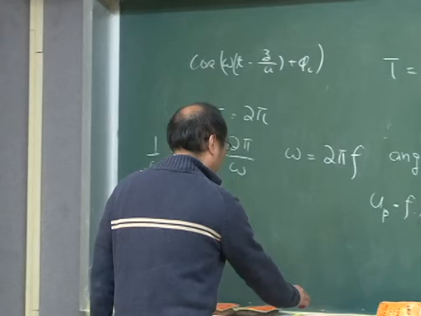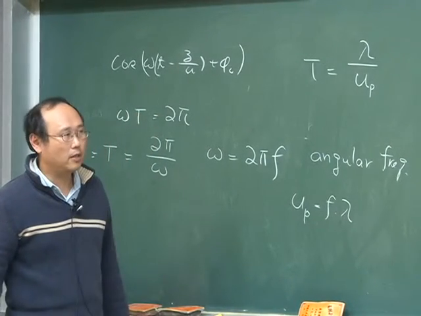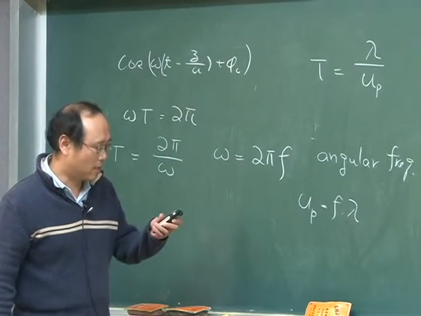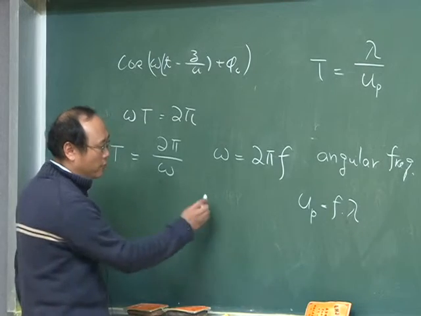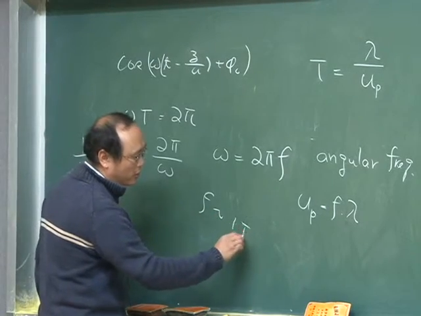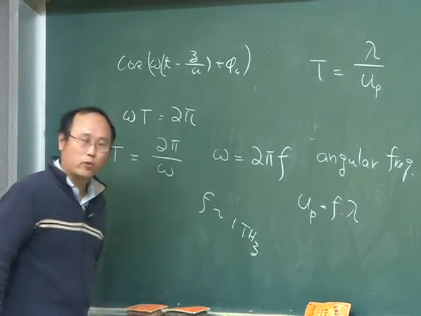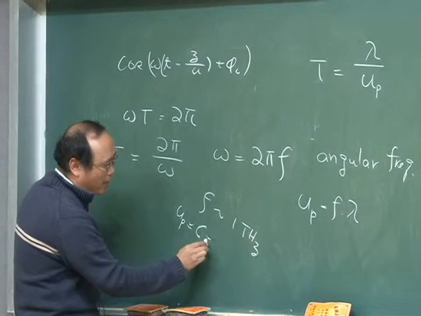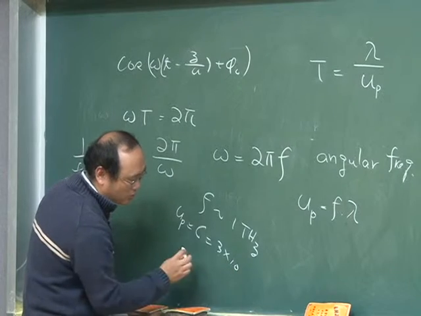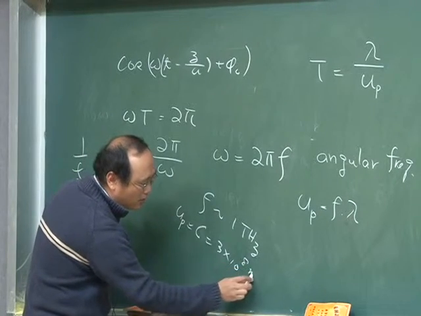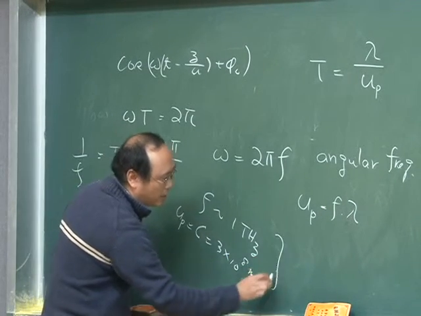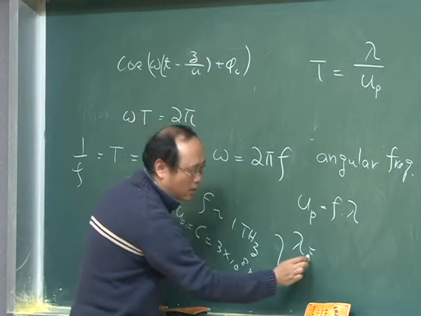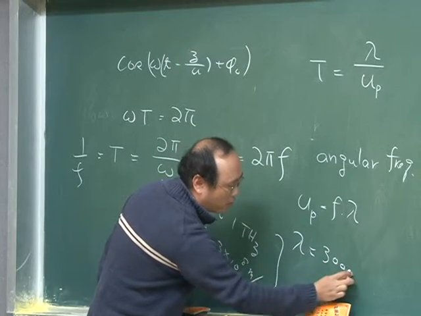For example, today, people are very interested in a frequency equal to 1 terahertz. Well, this means that if you have v_p, that is the speed of light, 3 times 10 to the 8 meters per second, your wavelength is going to be about 300 micron.